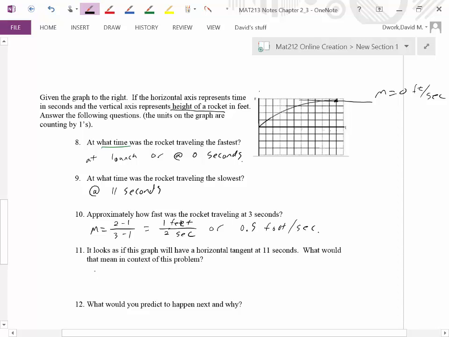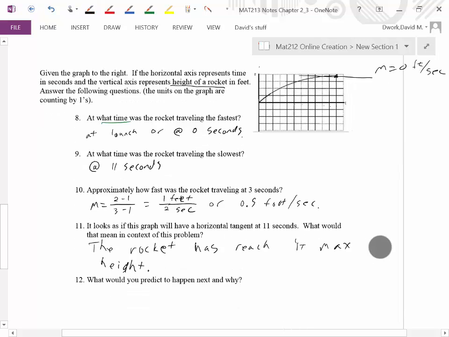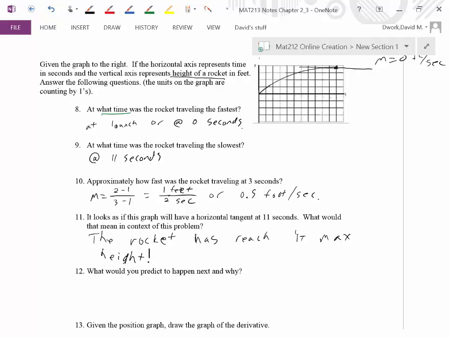So what we could say is the rocket has reached, well, if it's going up, that would maybe be a maximum height. Okay? So then what would you predict happens next?